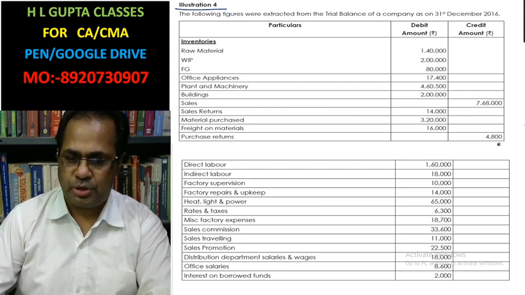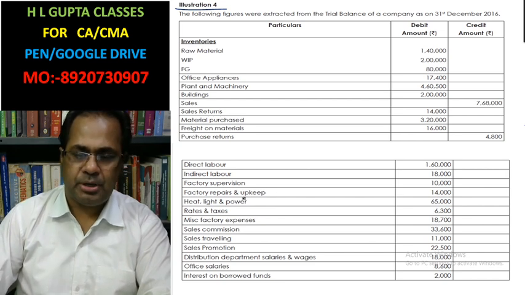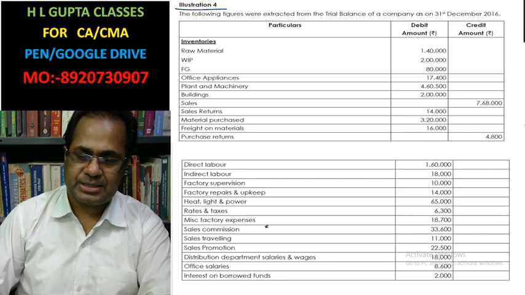Purchase return 4,800. Direct labor, indirect labor, factory supervision, factory repairs, upkeep, heat, light and power, rates and taxes, miscellaneous factory expenses.